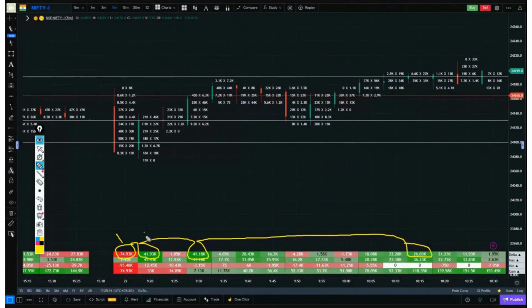74,000 delta, 41,000 delta, 41,000 delta, and 26,000 delta. Meaning, the delta values of these candles are quite high, whether it is on the positive side or the negative side. Now look at this candle, just 1,000, just 4,000, just 4,000, just 4,000, just 1,000, and just 11,000.